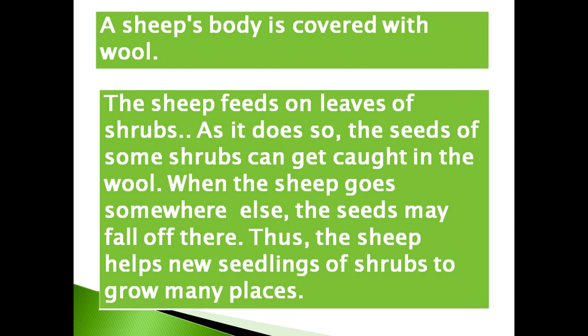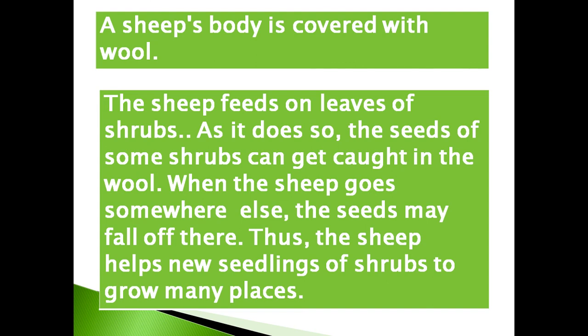When the sheep goes to eat the leaves of the shrubs which have seeds, the seeds might get caught in the sheep's wool. When the sheep goes somewhere else to eat, it roams here and there, and the seeds might fall off.